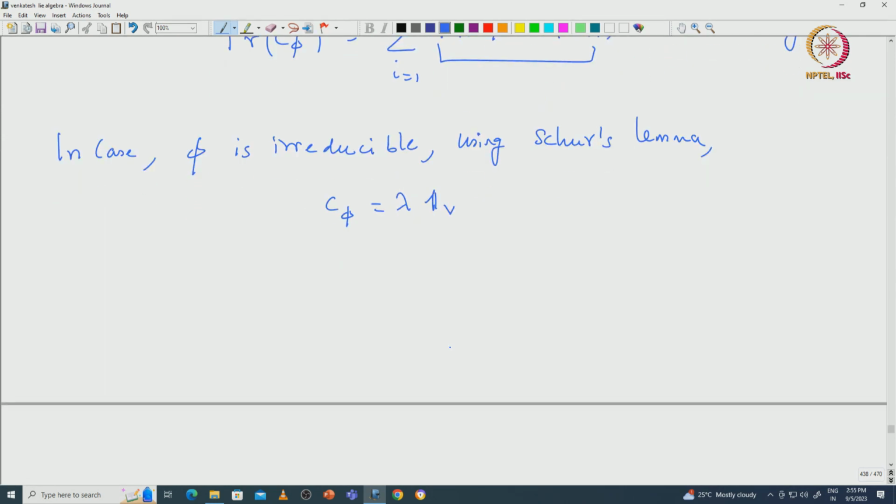Now, we already calculated the trace of this C pi.